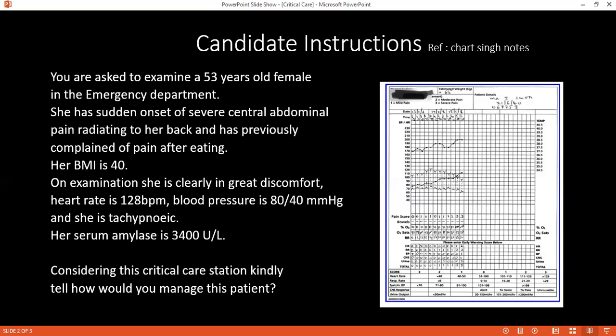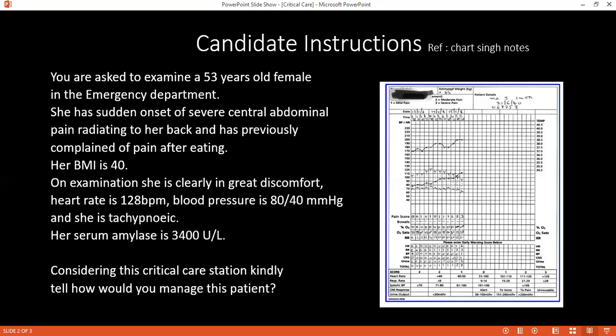Tell me how this criteria differs from the other one. So the Glasgow criteria is done on admission and at 48 hours, whereas Ranson's criteria is done on admission and 48 hours post admission. So depending on the score, it indicates the mortality rate.